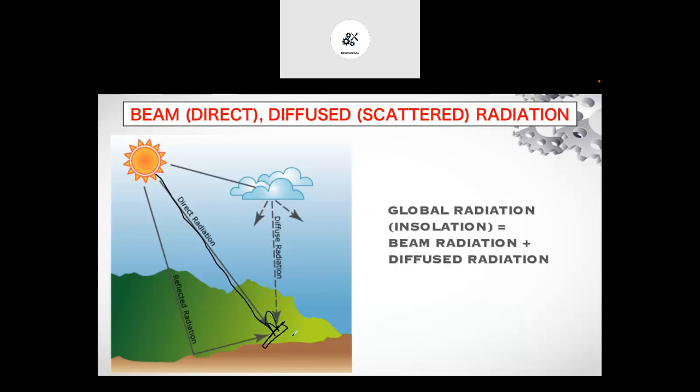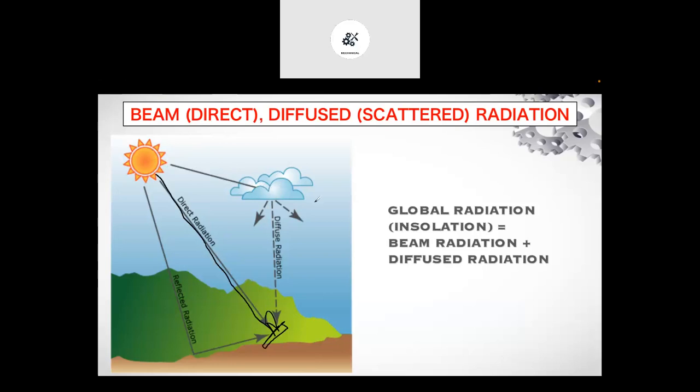Direct radiation means the radiation coming directly from the sun to that particular surface or collector. There is no reflection, no refraction, or any other phenomena. So the radiation coming directly from the sun to the collector is known as direct radiation.